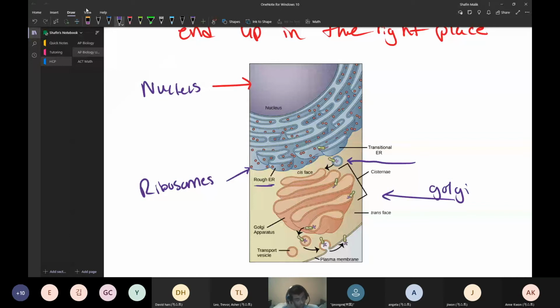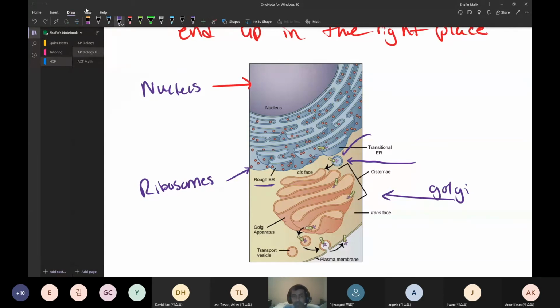But if it's supposed to operate anywhere other than free floating in the cell, it will have a Golgi apparatus tag so that the vesicle ends up in the Golgi apparatus like this. Okay, see this green thing right here, that is a carbohydrate tag that is attached to this vesicle, and it tells the vesicle to go to the Golgi apparatus.